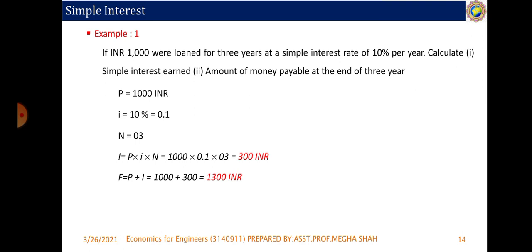The simple interest formula is capital I is equal to P into I into N. So 1000 rupees into 0.1 or 10% into 3 years. So I am getting 300 rupees. So 300 rupees, that is my simple interest.